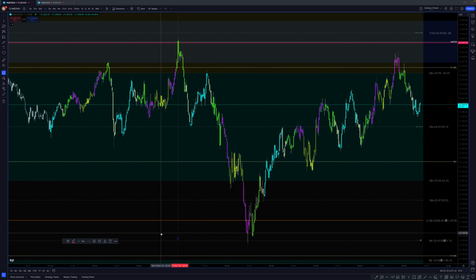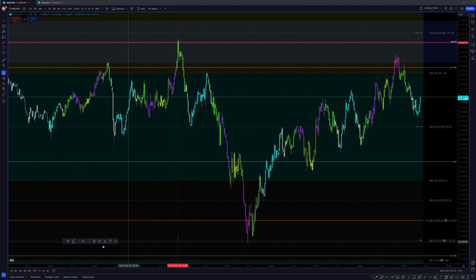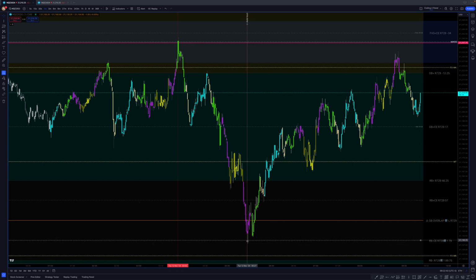I got my other lines in the other side. Okay, let's see here. That's 3:53 a.m. And that dealing range goes from 3:53 to that low.